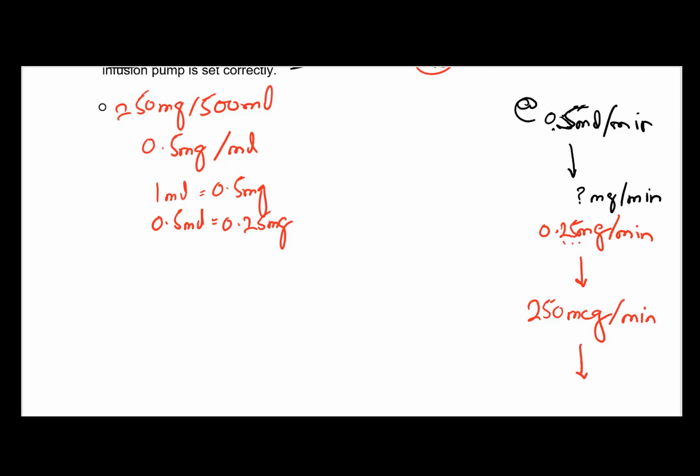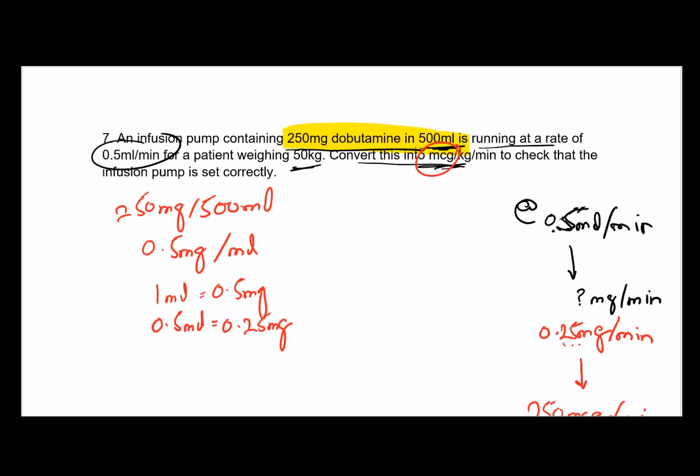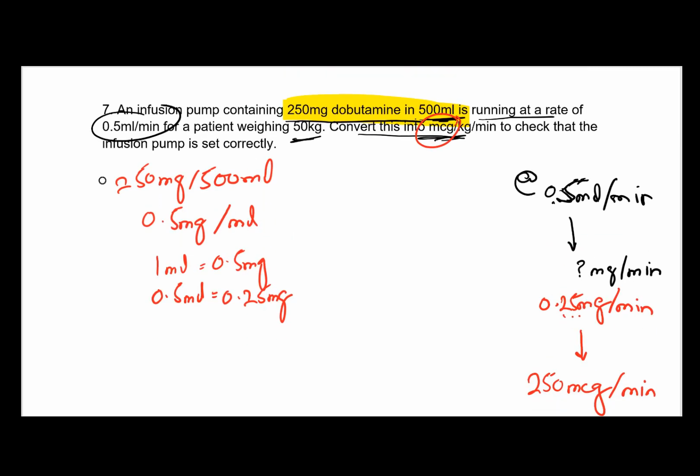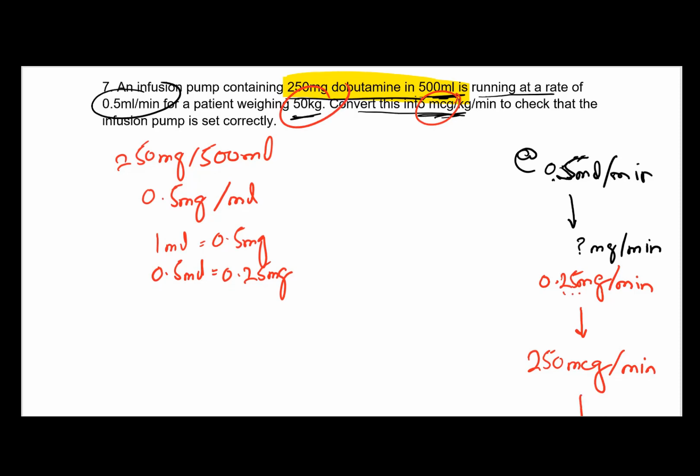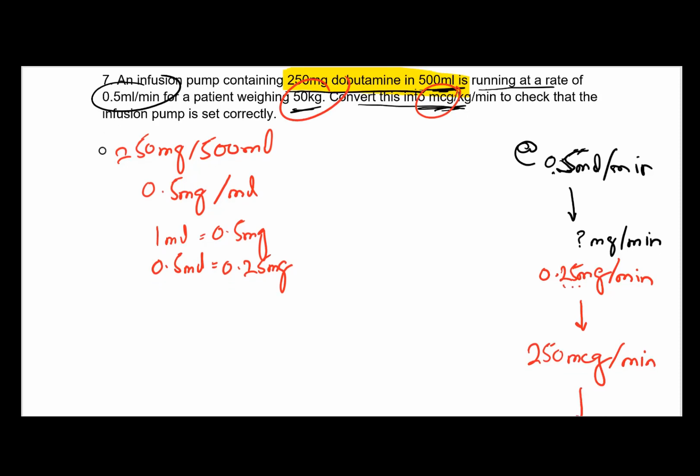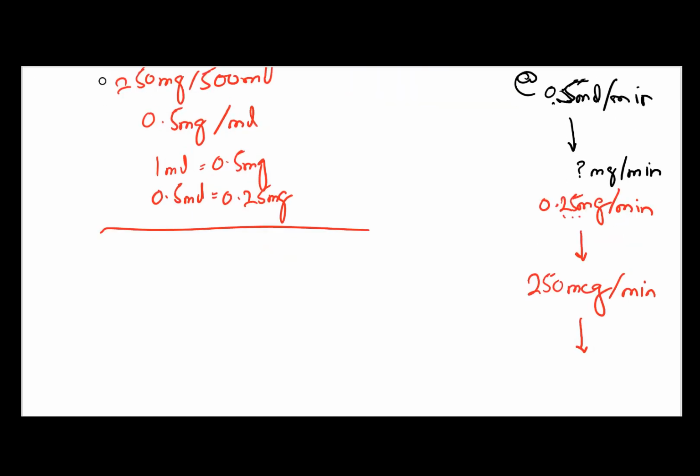Now, if you notice in the question, the weight of the patient is given, 50 kg. So when we calculate per kg dose, you multiply with the weight. But now we are going backwards, so we will divide it. So I will divide this 250 mcg by 50.